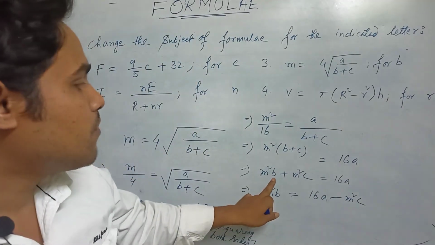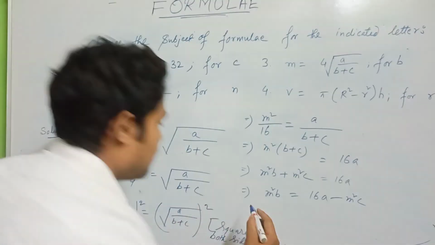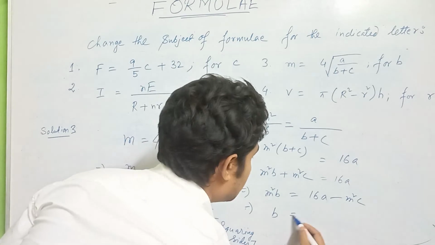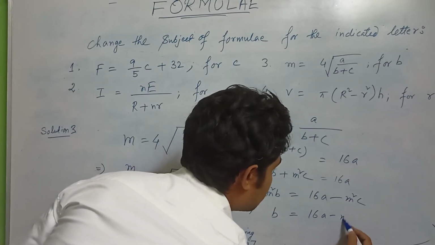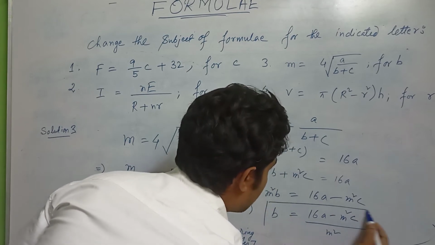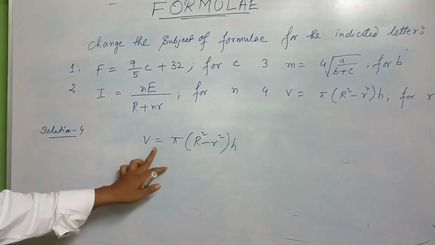Why? Because we need to find out b, that's why we are separating this part. Implies b equal to 16a by m square minus m square c by m square. This is the required answer. Take a screenshot.